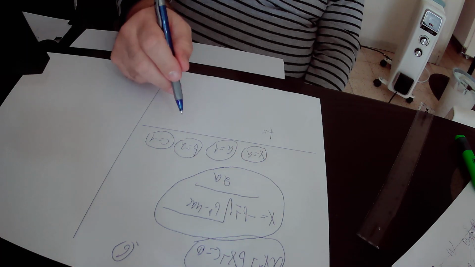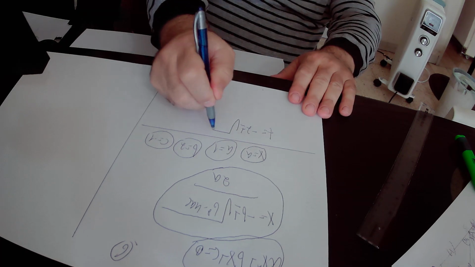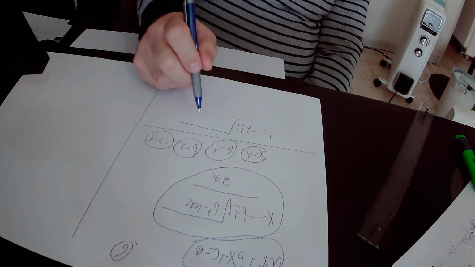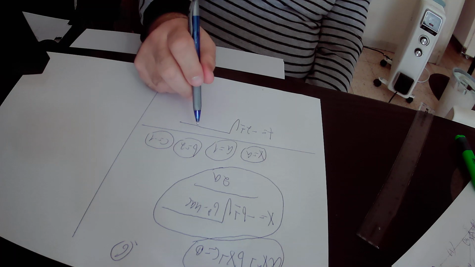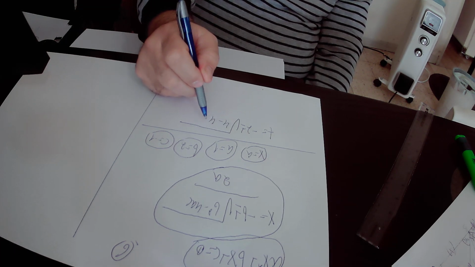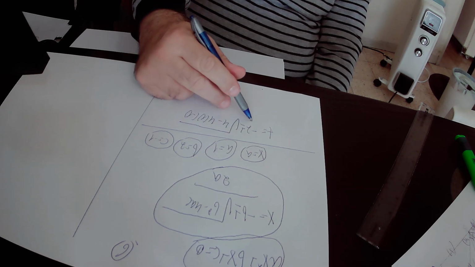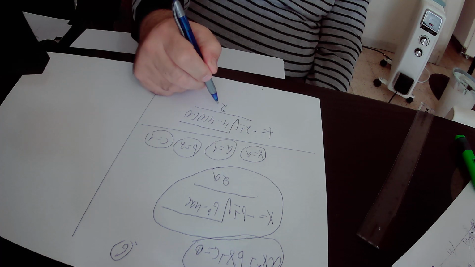minus b. b is 2, therefore minus b is minus 2, plus minus square root of b squared. b is 2, so b squared is 2 squared, that is 4, minus 4 times a, which is 1, times c, that is minus 1, all divided by 2 times a, and a is 1, so it is 2 times 1.